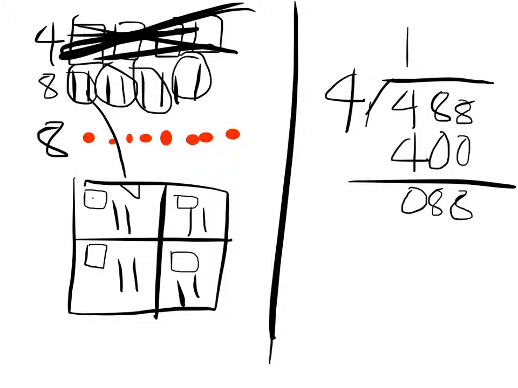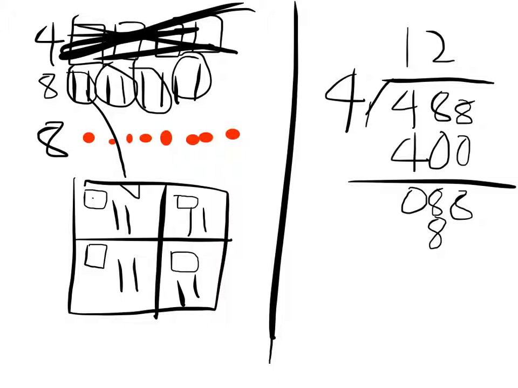Now in the standard algorithm, we do that again. 4 groups of 2 go into each. So we divide it, and then we multiply. 2 times 4 is 8. So yeah, we have 8. That's great. So over here, we do that right there.